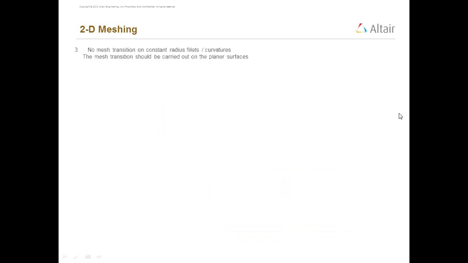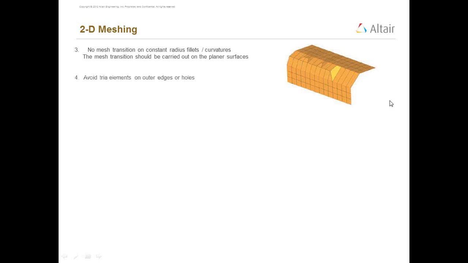No mesh transition on constant radius fillets or curvature. The mesh transition should be carried out on the planar surface. So in the fillets, there should be no mesh transition. It should be on the planar regions, because they may or may not come under the high stress region. Avoid tria elements on outer edges or holes.